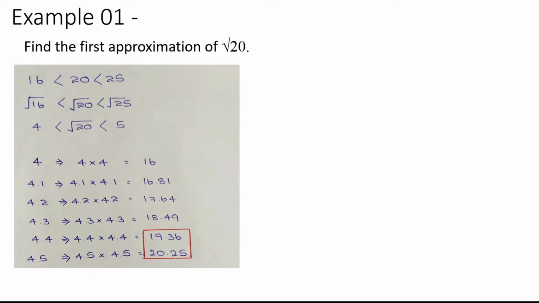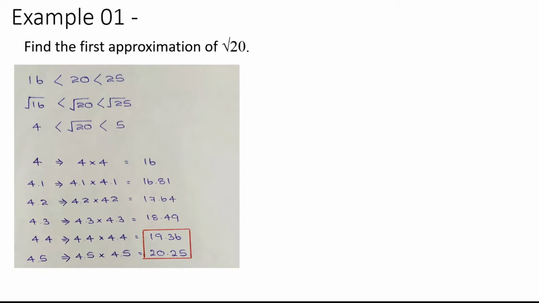Next, we obtain the square roots of 16 and 25, which is 4 and 5. So the square root of 20 should be greater than 4, which is the square root of 16, and less than 5, which is the square root of 25. This means the square root of 20 lies between 4 and 5.